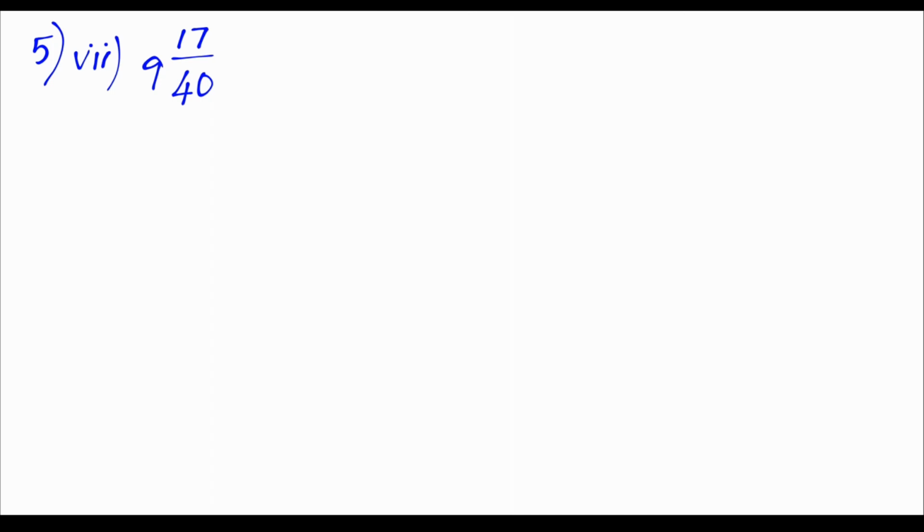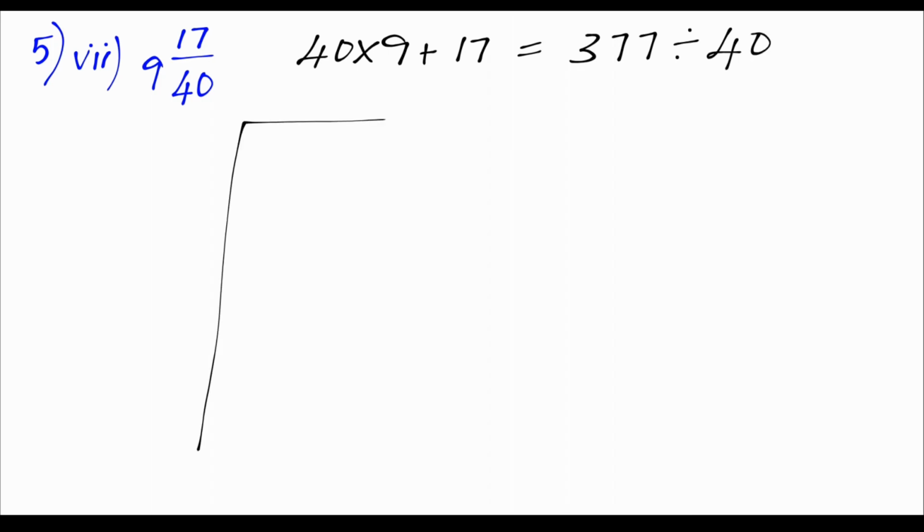Fifth sum, seventh subdivision. It's in mixed fraction. First you have to convert it to an improper fraction. For that what you will do? 40 into 9 plus 17. So we will get 377 divided by 40. And then we can perform our normal division.